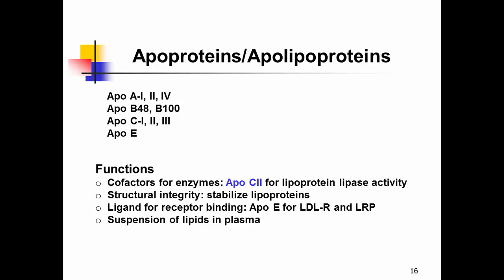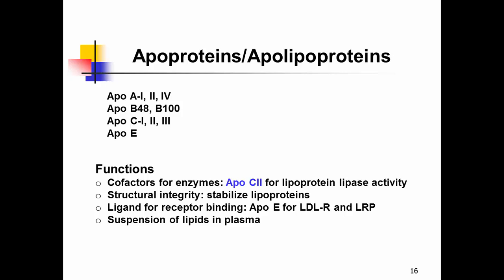The receptor is located on the surface of the cells, so cells are able to take up lipoproteins, and this receptor can recognize the ApoE protein on certain types of lipoprotein. So ApoE helps LDL receptors to recognize lipoproteins and to be taken up into the cells, right?